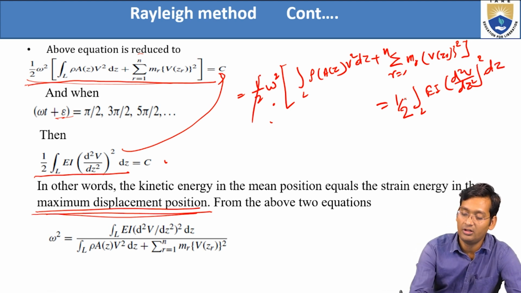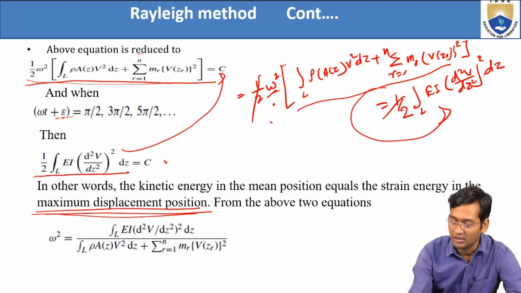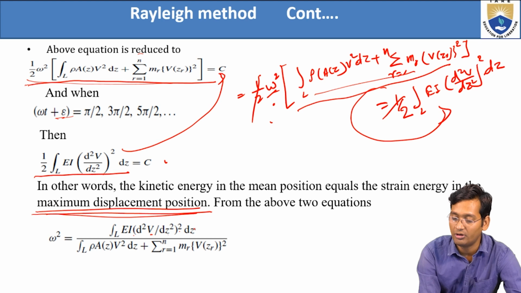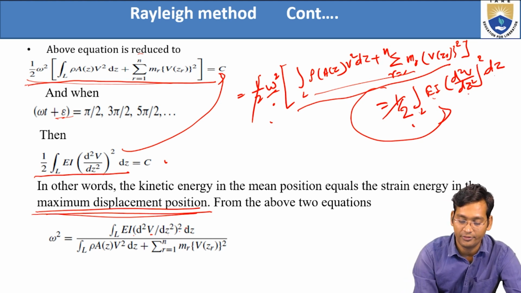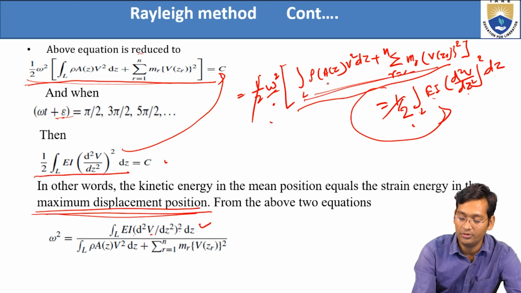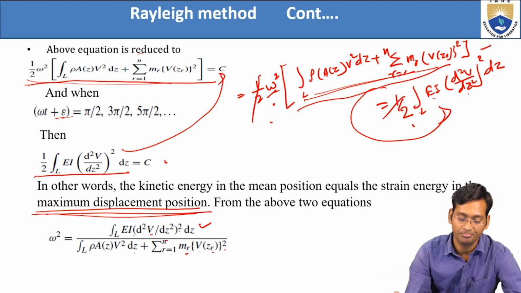So now half cancels, so what we have to find is omega square. So just this whole term will be divided here. Okay, so just here, half integral over L of EI d2V by dz square whole square dz, so half is already cancelled here, so integral over L of EI d2V by dz square whole square dz, so this one, and then this whole divided by integral over L of rho A z V square dz plus sigma r equals 1 to n of mr V of zr whole square, so this term.